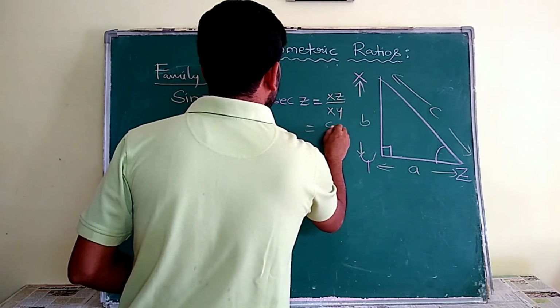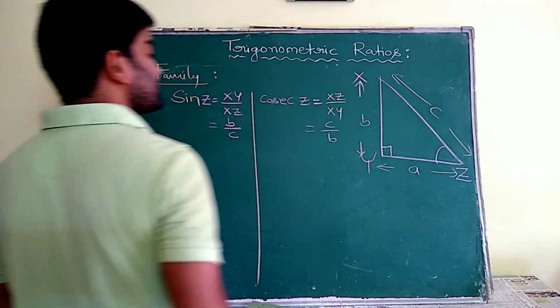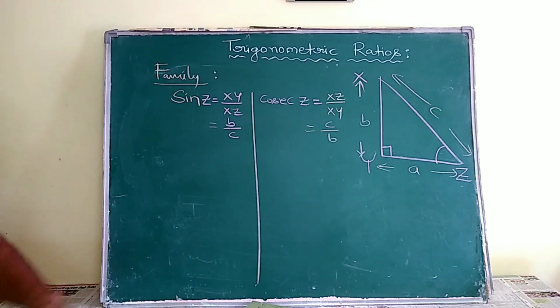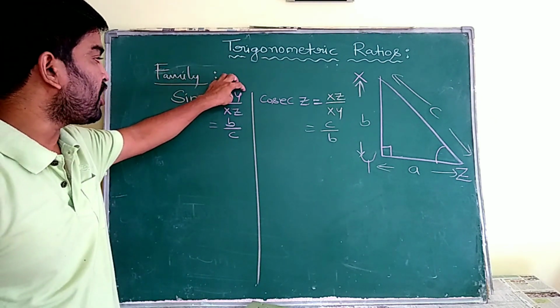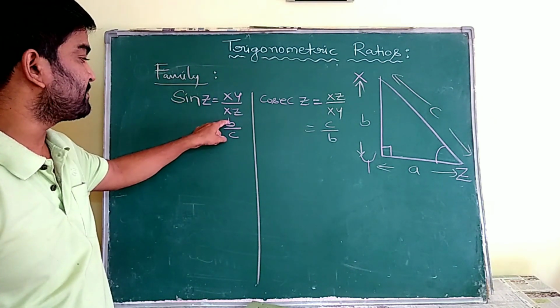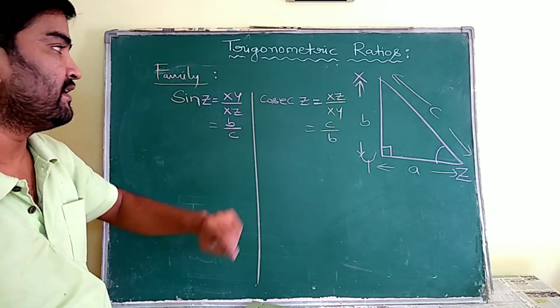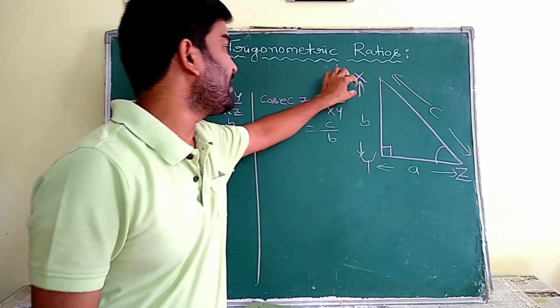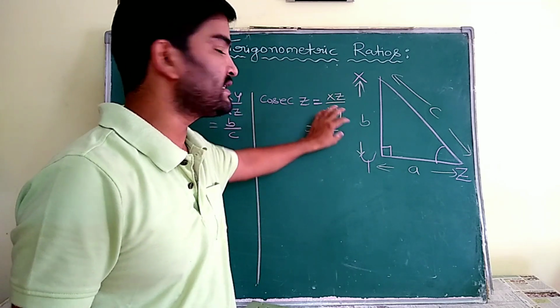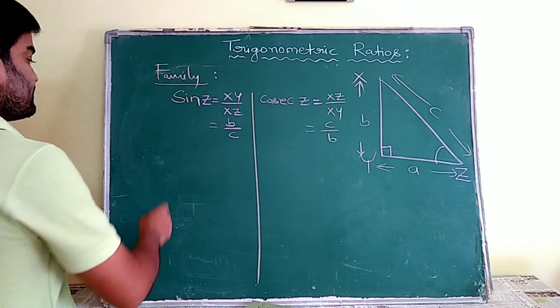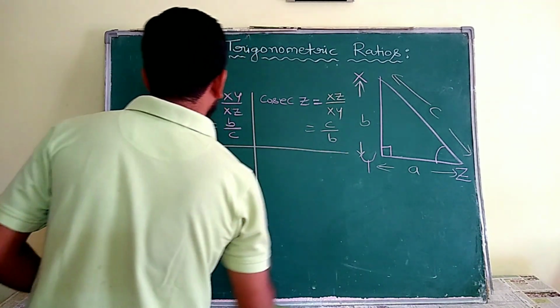Hypotenuse means c, opposite side is b, ma. Sin z is opposite side by hypotenuse, that is b by c from this triangle. So cosecant z is hypotenuse by opposite side, so c by b. This is one family, ma.